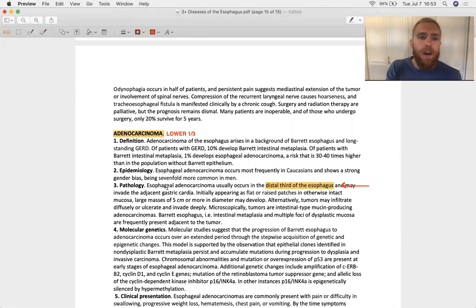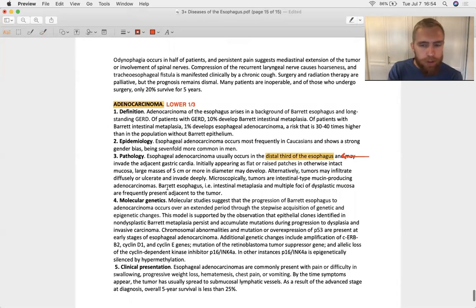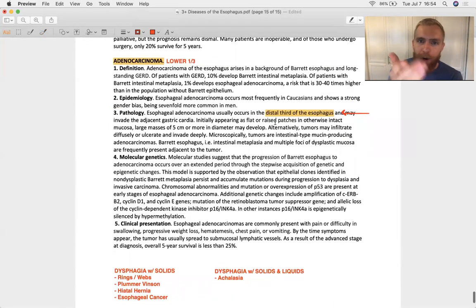And obviously, in real life, keep your suspicions open. But on a multiple choice exam, they are going to give you the esophageal cancer. And I don't want you to say transitional cell carcinoma, because there are no transitional cells. There's no transitional epithelium in the esophagus. There shouldn't be. That's wrong if there is. So don't pick that as an answer, because I saw it on a question.